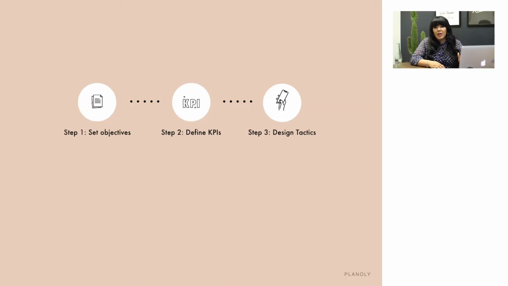Once you've set your KPIs and your objective, it's time to design tactics. That means determining how you're going to reach your target audience by asking yourself, where does your target customer spend most time online or even offline? What devices, websites, or apps are they using? What motivates them? What tools can you truly tap into to make sure your message gets across to them?